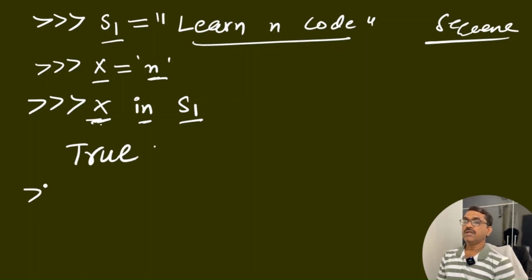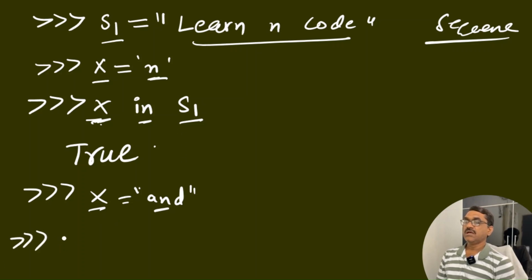If I write in single or double quotes x equal to and, a simple string and, which is a substring, I want to search this x whose value is and in the string S1. If I say x in S1, in this case it returns false.